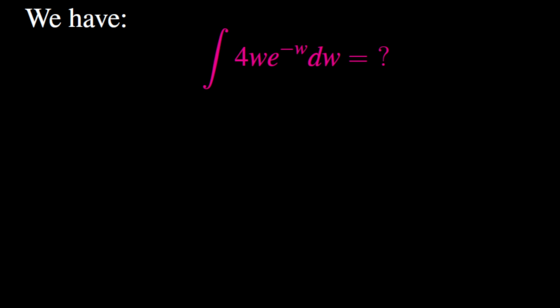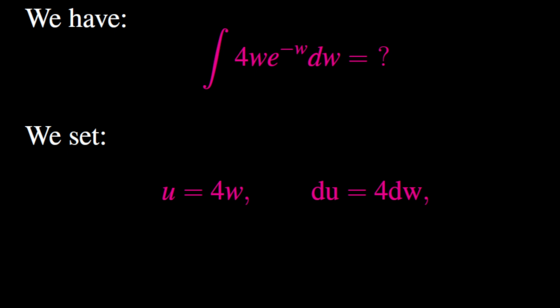Given that the function to integrate, 4w times exponential of minus w, is still the product of a nonlinear function with a polynomial function, we still have to use the method of integration by parts. The main aim of this repeated utilization of the method of integration by parts is to reduce the degree of the polynomial function 4w. Therefore, we set u equal to 4w, so du equals 4 dw.